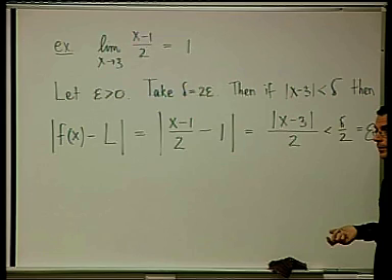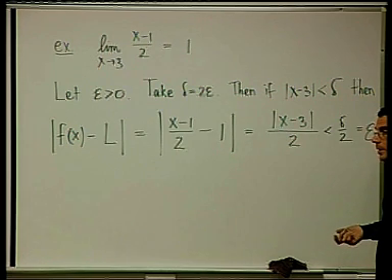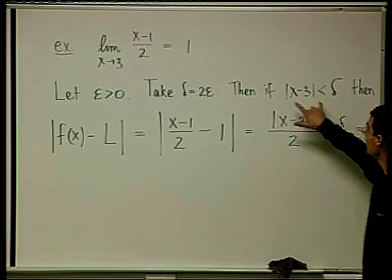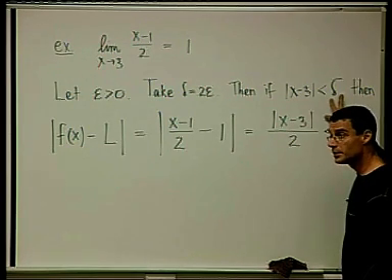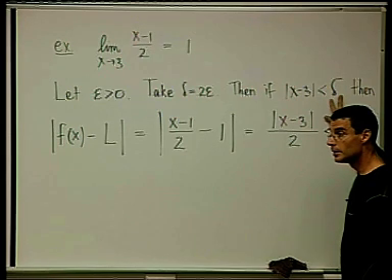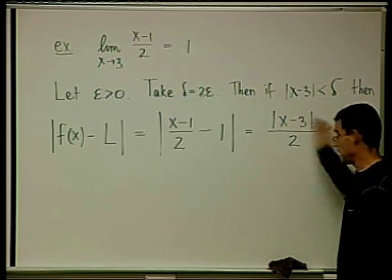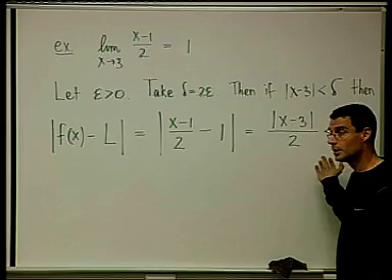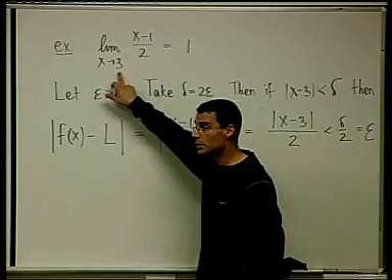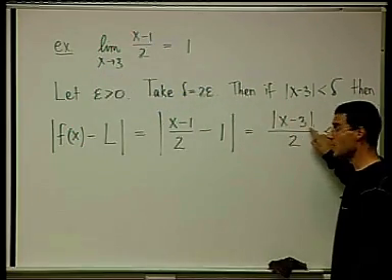Why do you take the 2 out? I'm saying like 2 should be part of the x minus a. What 2? No, |x minus 3| is less than delta. Why x minus 3 and not x minus 3 over 2? Because it's x minus a. What is it? a is 3, so this thing is x minus a.